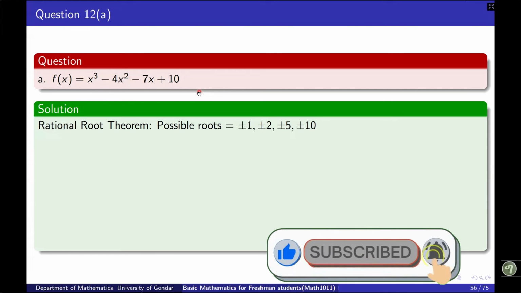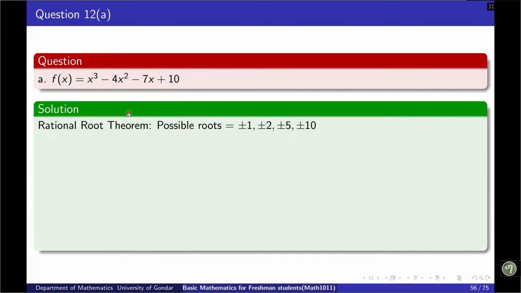Here, if a certain rational number p over q is a root of the given polynomial function, p must be a factor of the constant term, which is 10, and q must be a factor of the leading coefficient, in this case 1. So the possible roots are as follows.